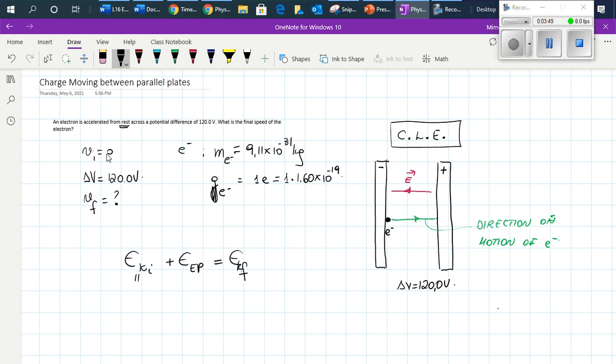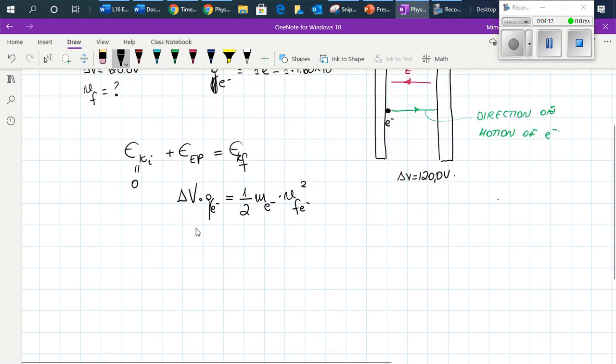Now, since in this case the electron is at rest, kinetic energy initial is 0, and the electric potential energy between parallel plates is delta V times Q, and the kinetic energy formula is 1/2 mass, which here is the electron, times V final squared.